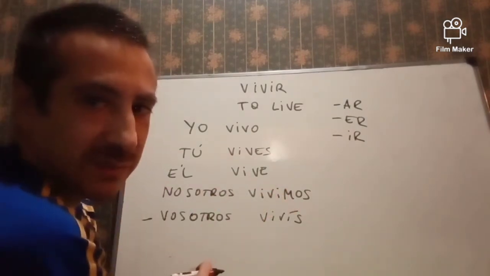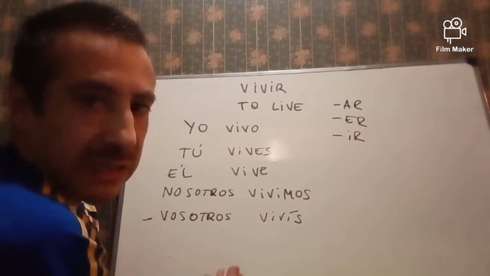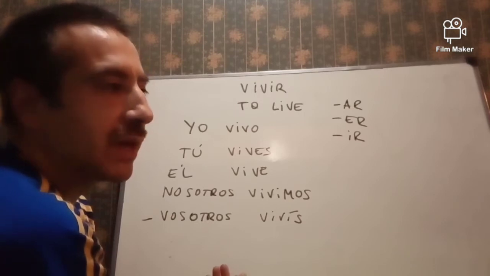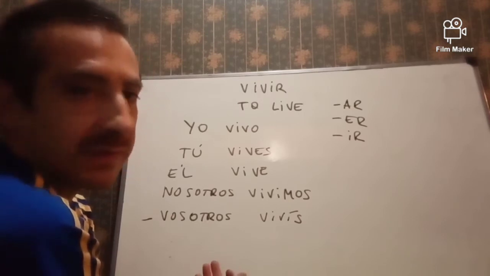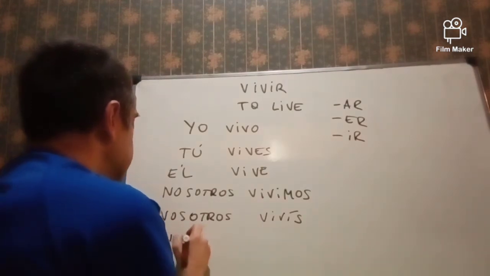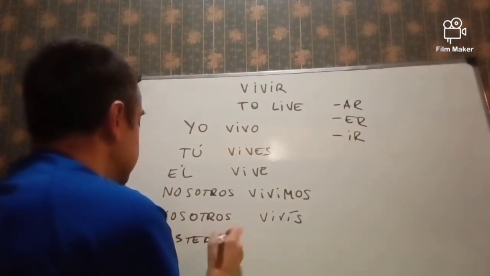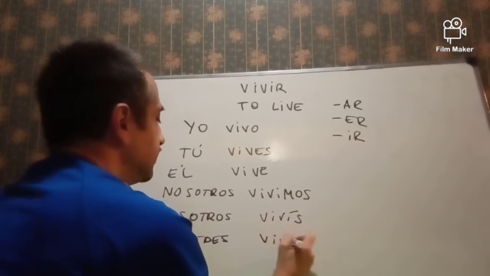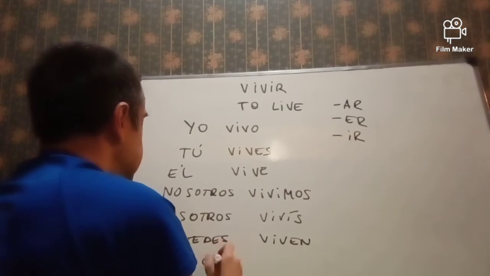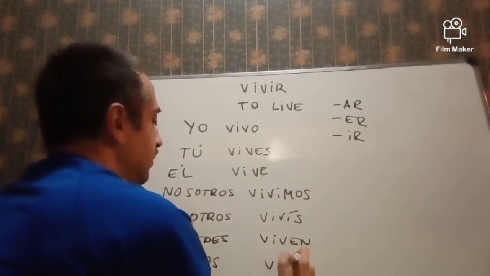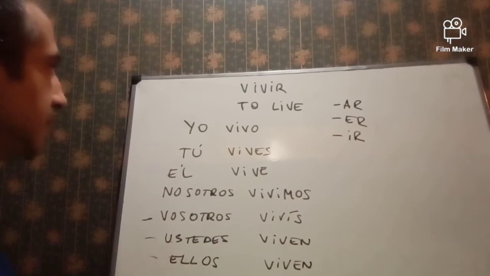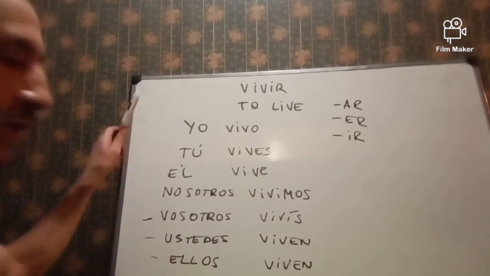Vosotros vivís. But again, it's a matter of getting used to it by using them. Vosotros vivís, ustedes viven, ellos, ellas viven. This is the verb to live, vivir in Spanish.